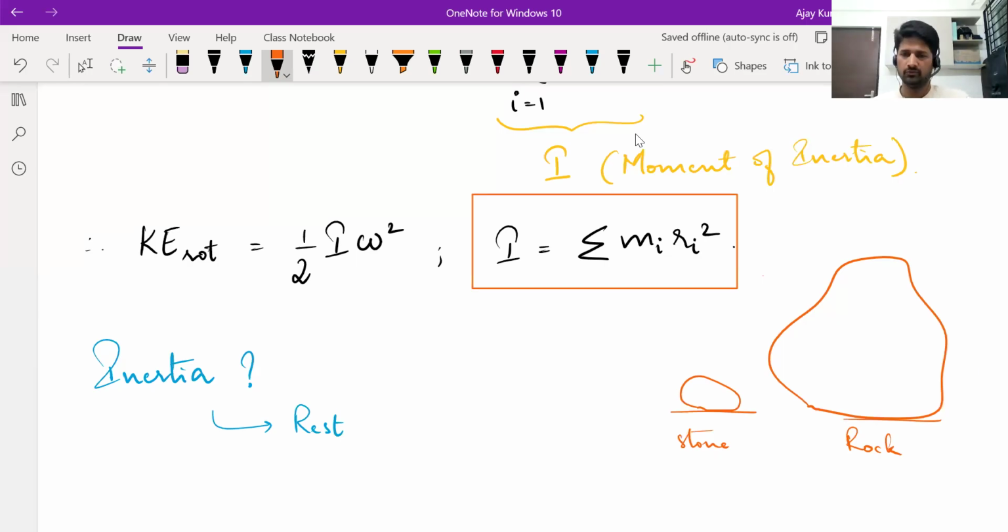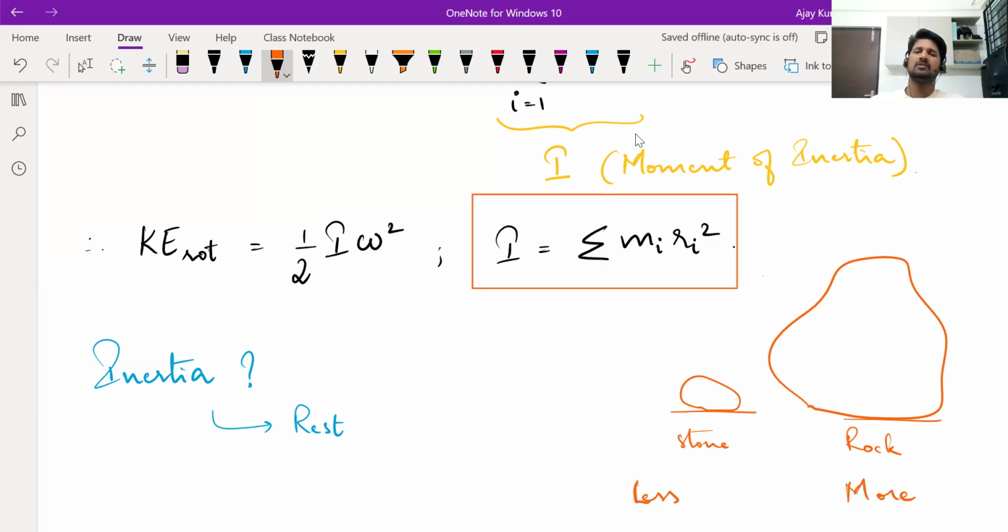Which is easier to move? The stone is easier to move. Means it has less inertia. The rock is more difficult to move. Means it offers more resistance to change in state of rest. Stone offers less resistance. Means stone has less inertia. Rock has more inertia out of these two.